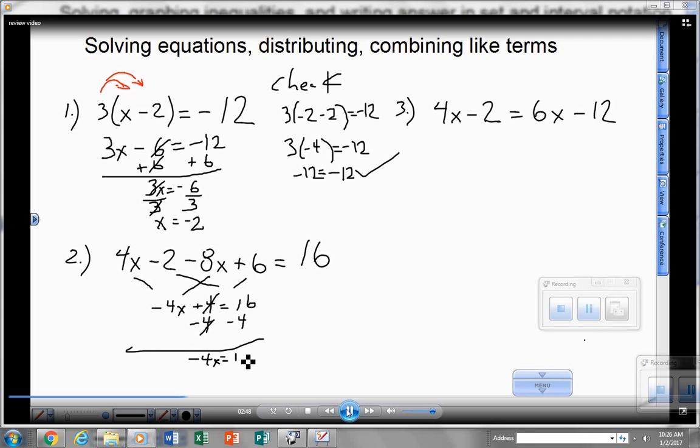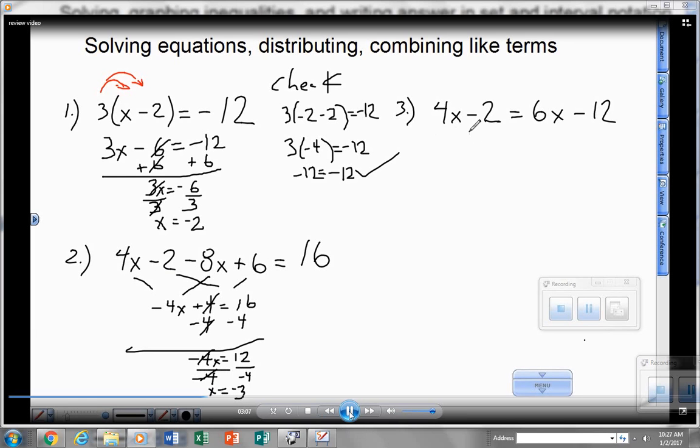Then right here, be careful, I'm not going to add 4 to both sides. This is negative 4 times x. The opposite of multiplying by negative 4 is dividing by negative 4. So make sure you don't just divide by 4, but by negative 4, which cancels away. Gives me x by itself, which is negative 3. So again, if I took that negative 3 and I were to plug that in here and here, it would give me 16 if you did the math correctly.